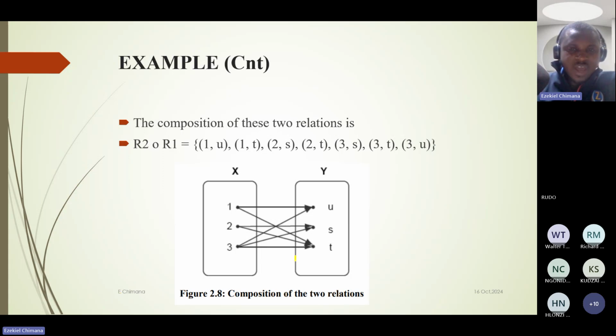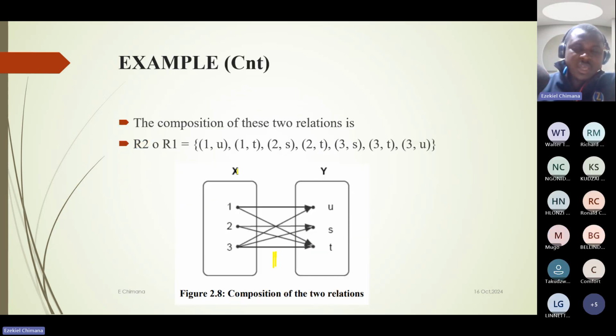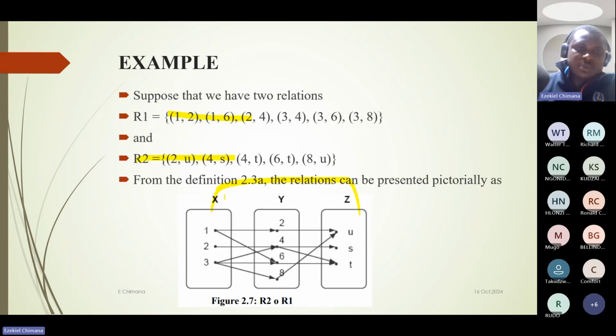If you look at it, we have actually eliminated the Y which was supposed to be here. So we are now having (x, y), but this Y is our Z. If you look at it, this is U, S, T, which is our set. So there is a relationship between X and Z. So that's the composition. We have this R1 with a relationship between X and Y, and this R2 with a relationship between Y and Z. And then from there, you can build the relationship of X and Z through this Y. And that's what we have done.